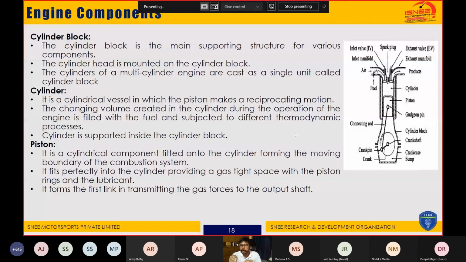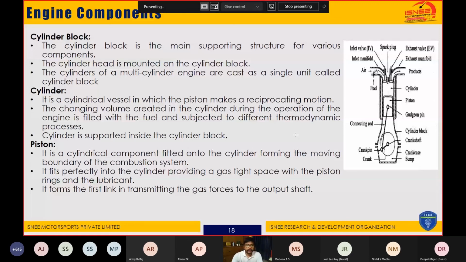In order to provide this power to the wheels, this works as the first link. First link means there are a lot of links like piston, connecting rod, crankshaft, and from the crankshaft, the power goes into the gearbox or transmission unit. So the piston works as the first link as the piston is pushed by the explosion, which takes place by the combustion of the fuel.